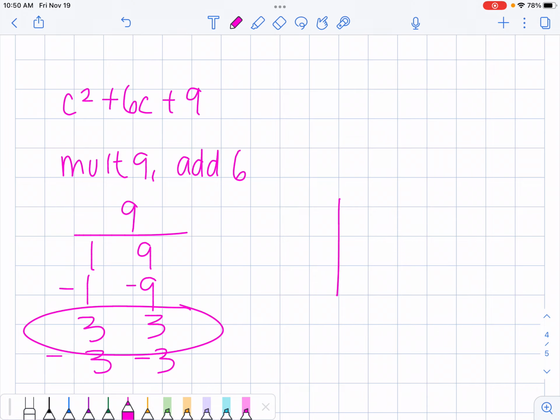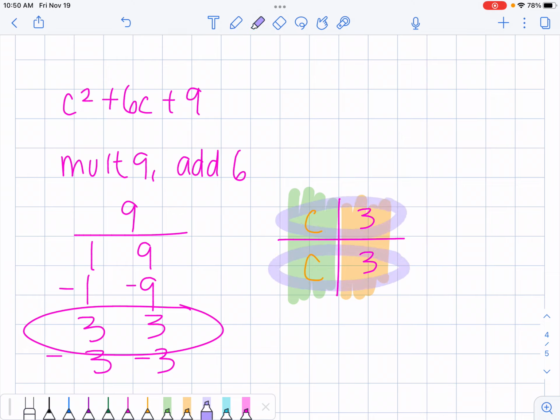So when I do my giant plus, what multiplies to c squared? That goes here. C times c. What multiplies to 9 but adds to 6? That goes here. 3 times 3. I'm going to check. I'm going to multiply across these guys. C times 3 is 3c. C times 3 is 3c. I add them together and I should get 6c.